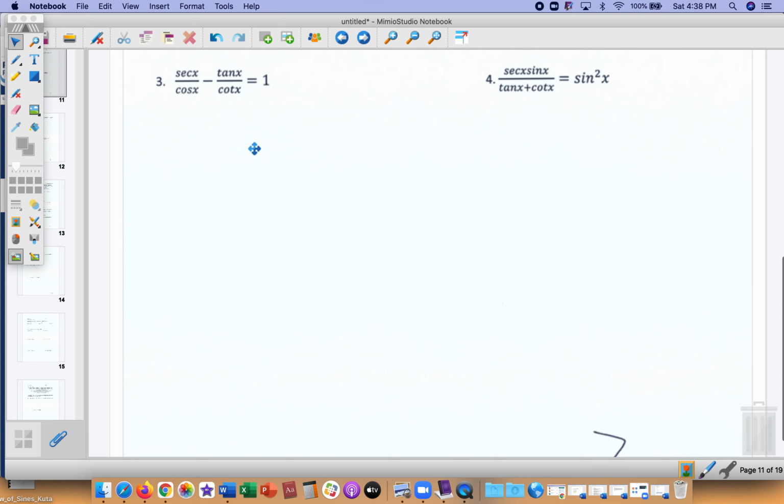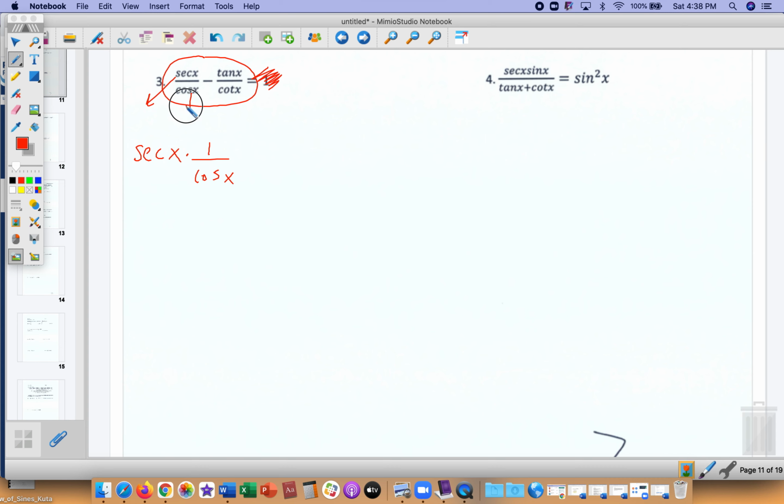Let's look at number 3. So for number 3, we're going to start with the left-hand side. We're going to try to work with the left-hand side and get it to be 1. So in the numerator over here, I have secant. I'm going to first write it like this, secant x times 1 over cos x.